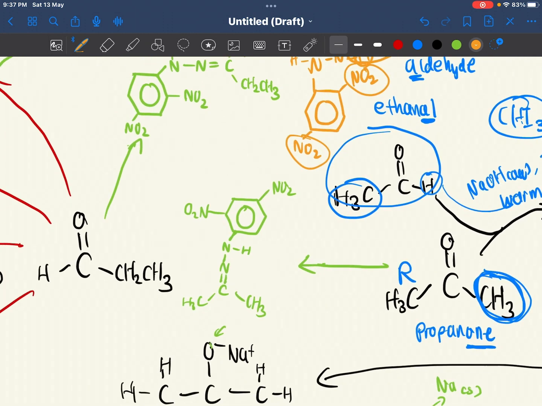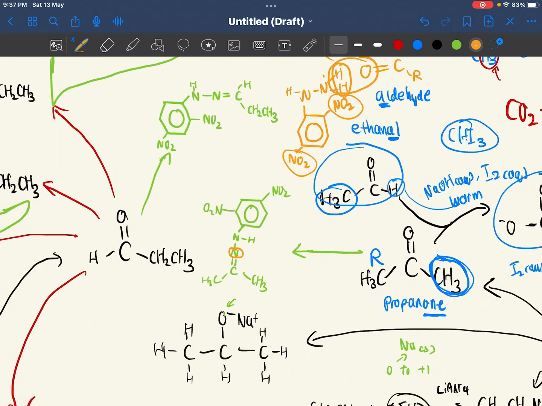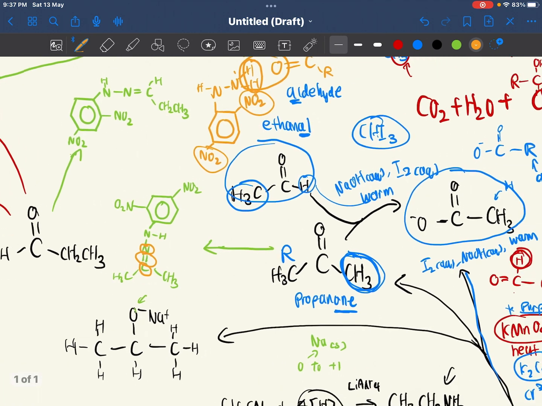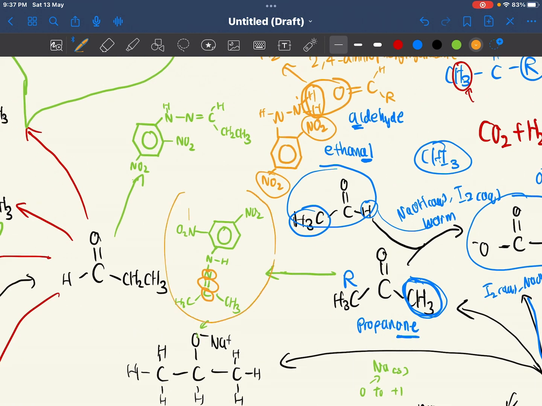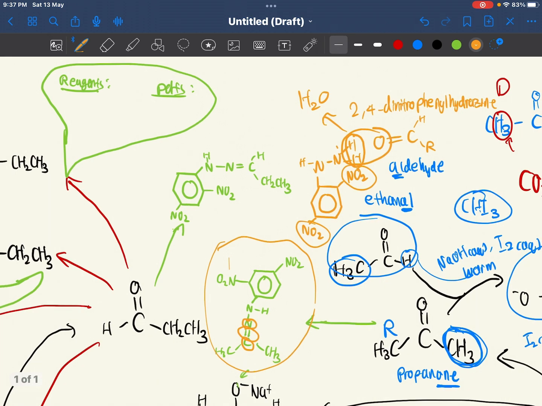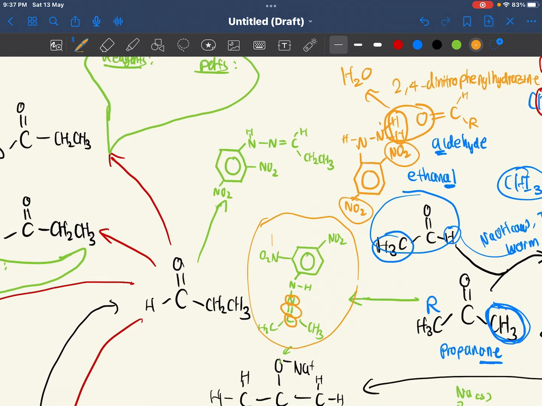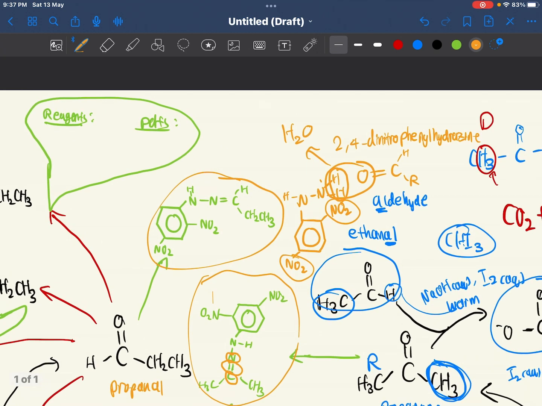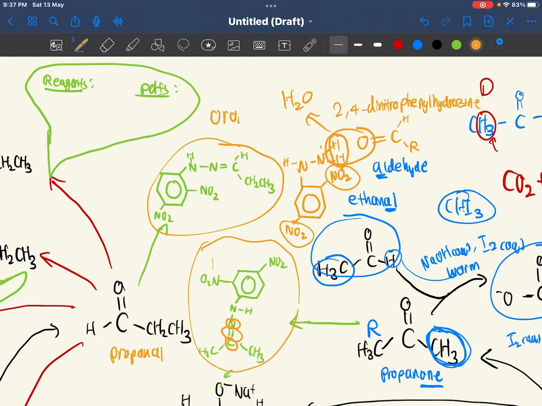Then my nitrogen atom and carbon atom will form a double bond. So if we see propanone here, it will form this compound. And for propanal, we'll form this compound here with 2,4-DNPH. So what's the observation? It's an orange precipitate. This compound here that I'm circling is the orange precipitate.